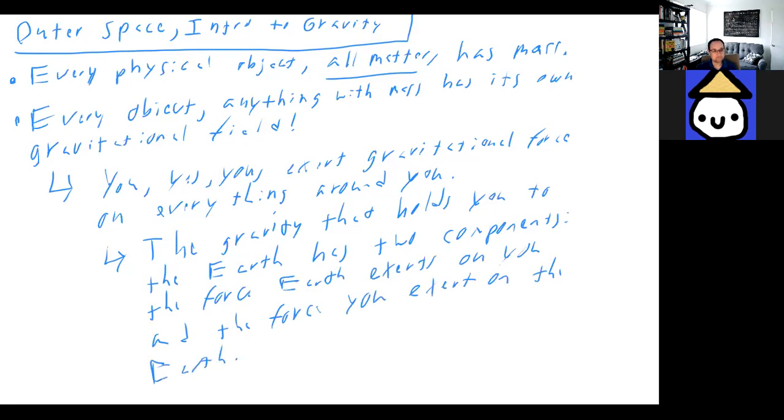However, we calculate this combined force as the force between two objects with one calculation involving two masses. Okay, two masses. So we're going to take a look at that today.